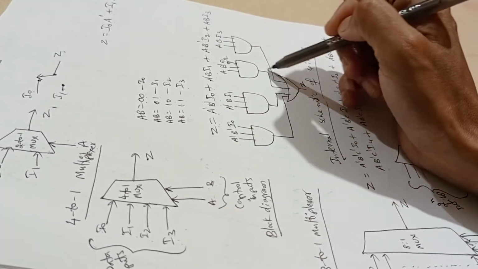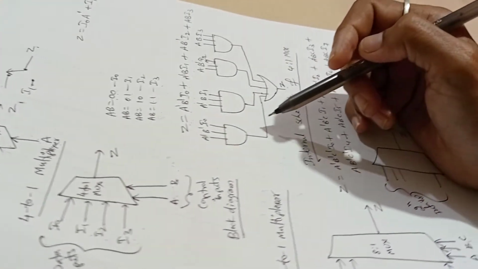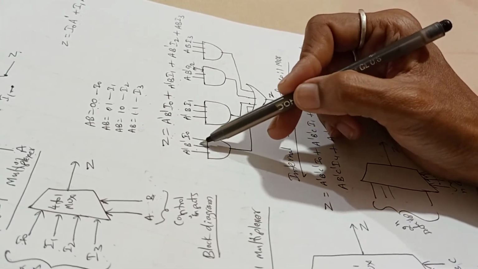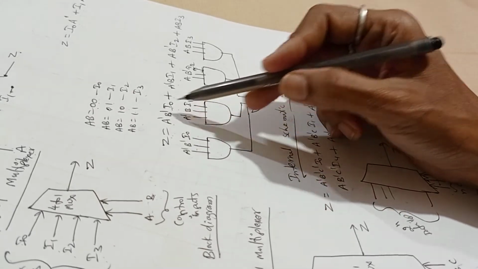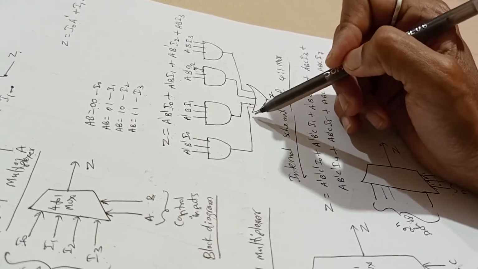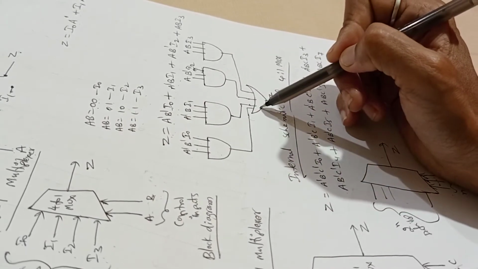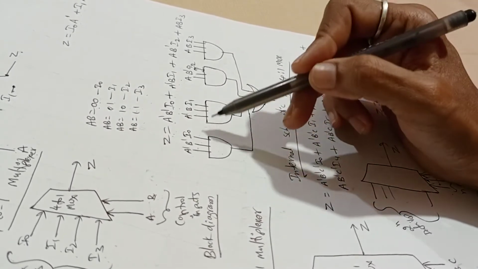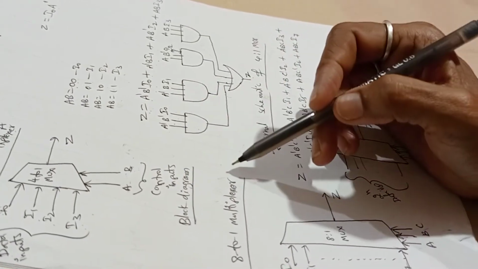This is the block diagram: A bar, B bar, I0 with an AND gate, and next all the other AND gates. Then connect them to an OR gate, and you'll get Z. This is how to design the block diagram.